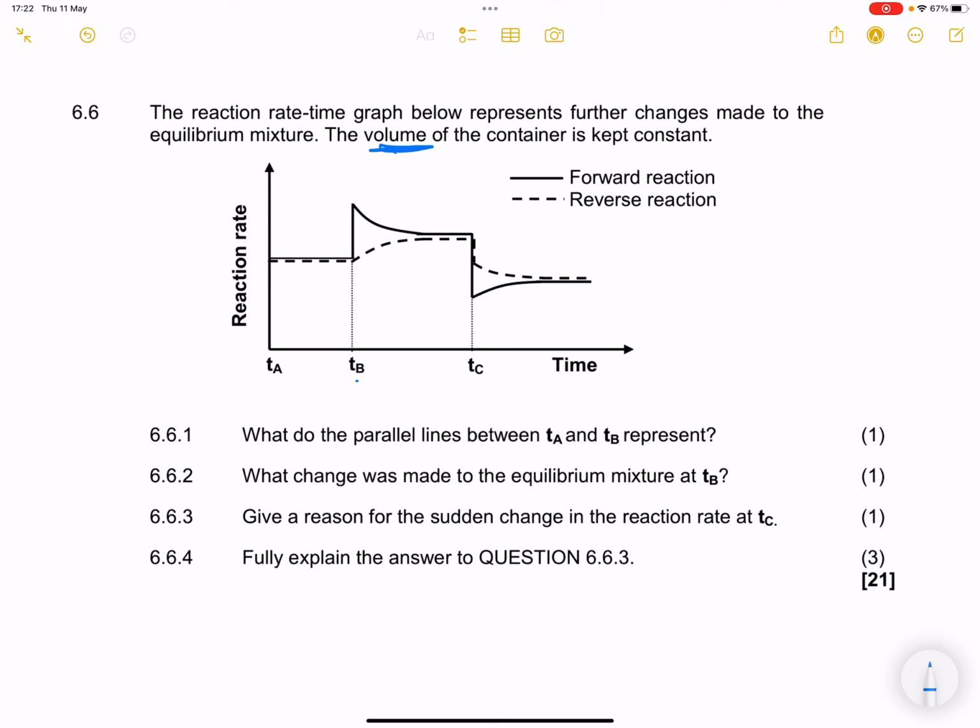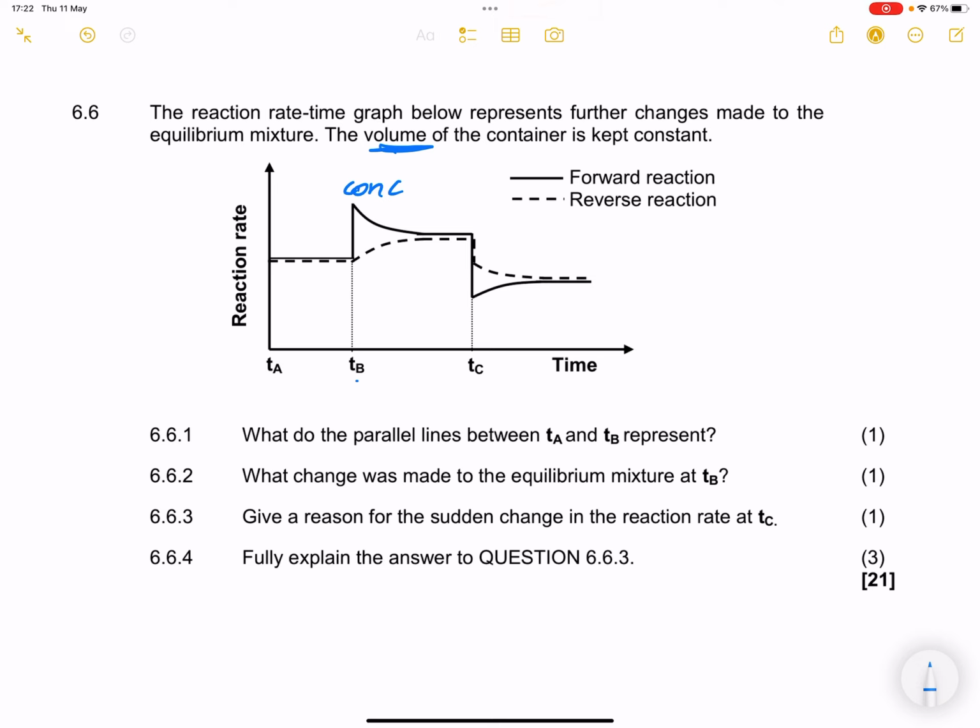If I look at time TB, you can see that there's a rapid rise in the rate of the solid line, which is the forward reaction. So there was a rapid increase there. So I would think that there was a change in concentration here.